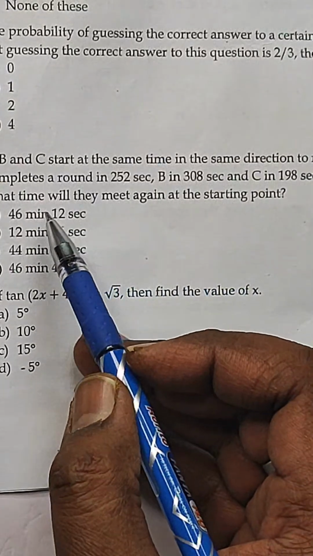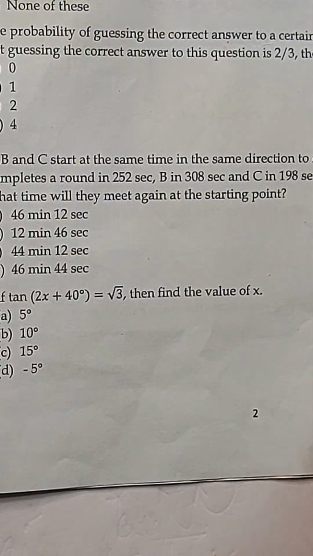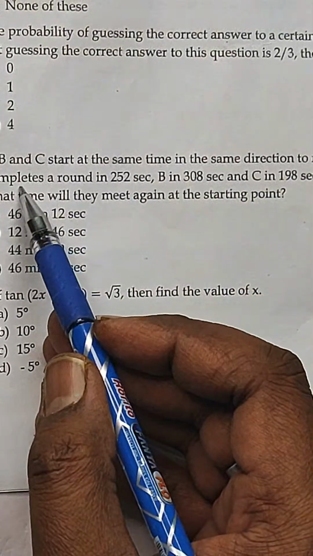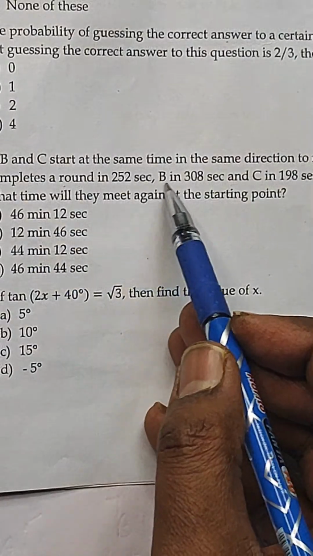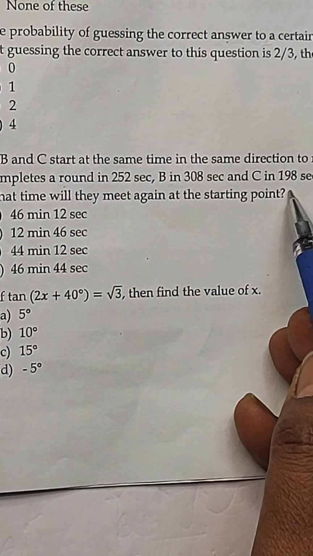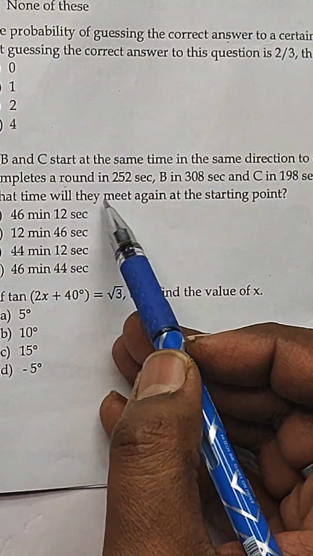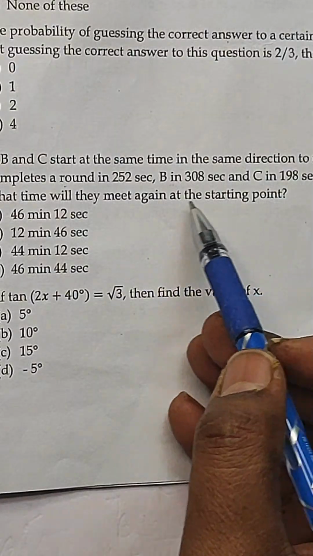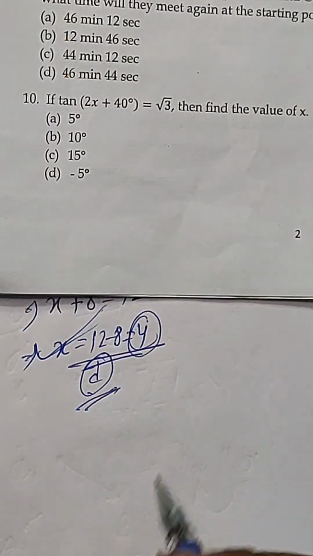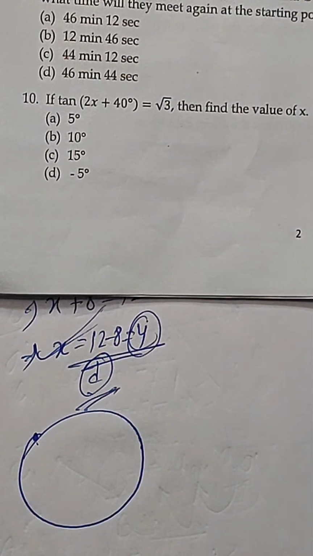here A, B, C start at the same time in the same direction to run around a circular stadium. A completes a round in 252 seconds, B in 308 seconds, and C in 198 seconds, right? All start at the same point. After what time will they meet again at the starting point? So this is a circular stadium, right?